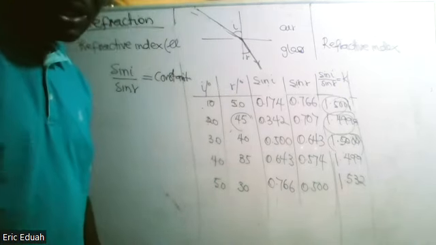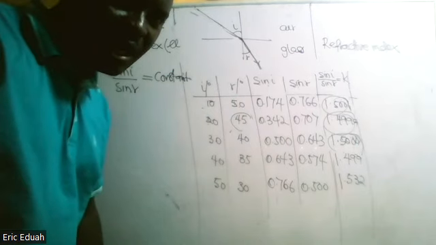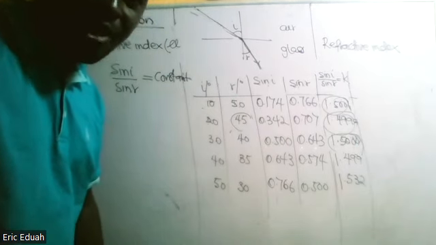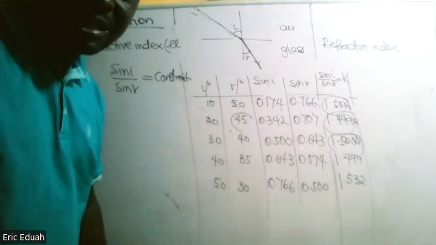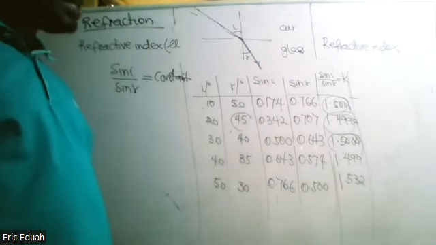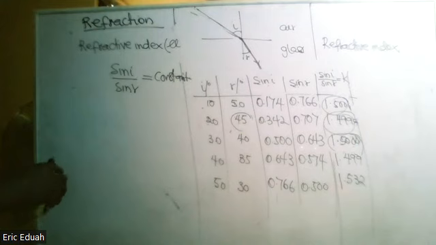Okay. What is the refractive index of a material? It is the measure of the material's ability to deviate the path of light.